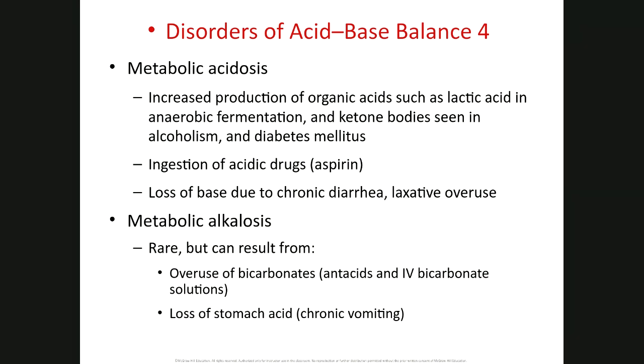So you have an issue with nutrition right away. The best thing we can do is to use the chemical buffers and the respiratory system to compensate, and then you can resolve this metabolic acidosis.